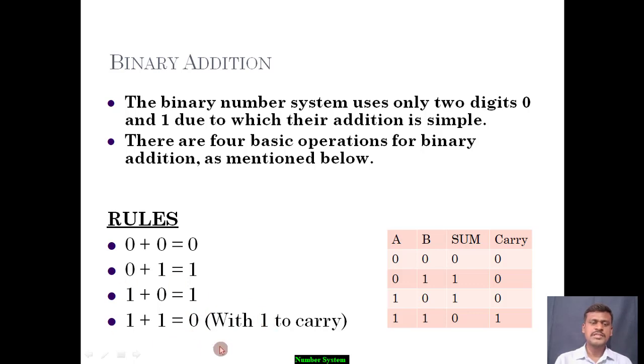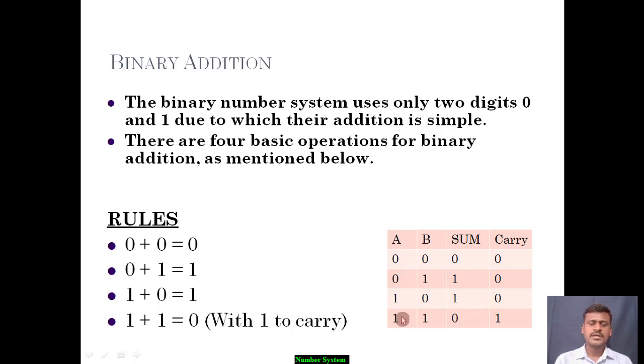So using these rules we can write the table like this. The table has two columns for the two inputs and one sum and carry column, right? So 0 plus 0 will give you sum 0, carry 0. 0 plus 1 will give you sum 1, carry 0, and 1 plus 0 will give you sum 1 and carry 0.